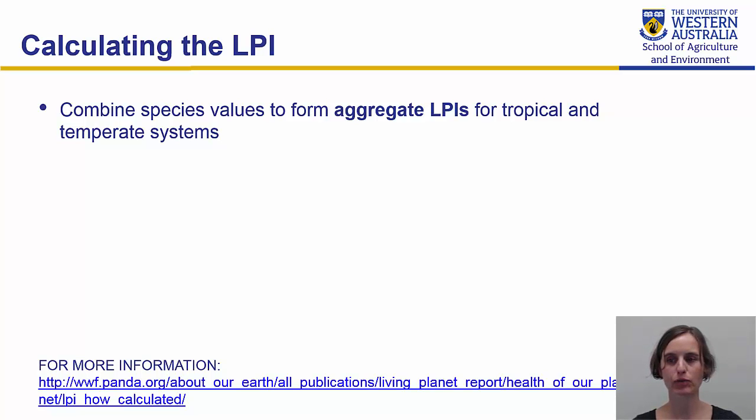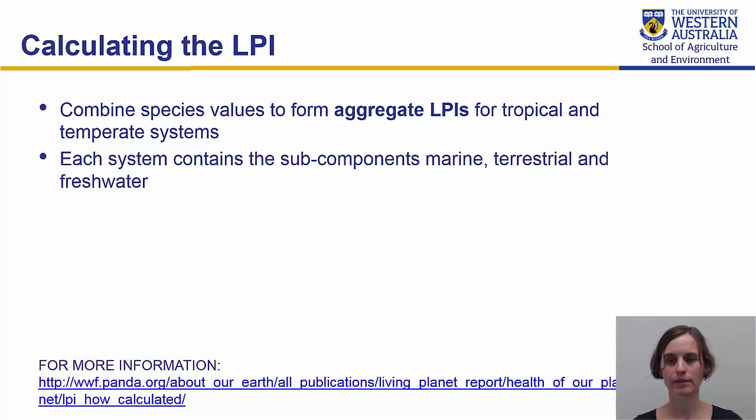And they aggregate it for different types of systems. One distinction is between tropical and temperate systems, and another aggregation is between marine systems, terrestrial systems, and freshwater systems. So they're just two different classifications that are collected.